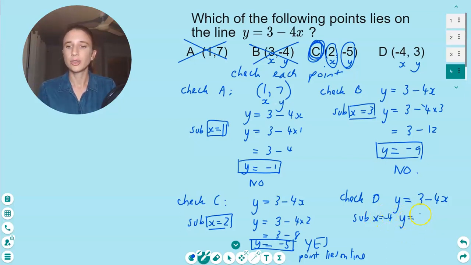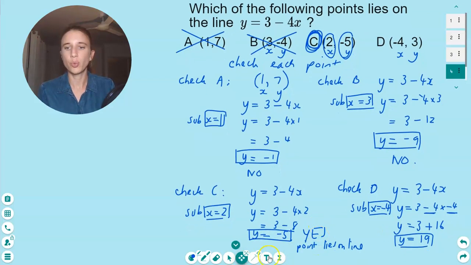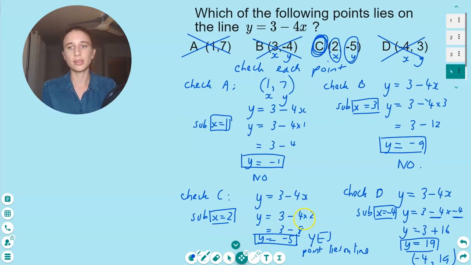So Y equals 3, take 4 times -4. Simplifying, well, -4 times -4 is +16. 3 plus 16 is 19. Just checking that. If we write that as a pair of coordinates, do we get out? No, we get -4, 19, and this is -4, 3. So no, that does not lie on the line Y equals 3, take 4x.